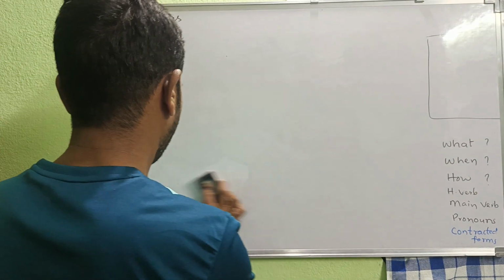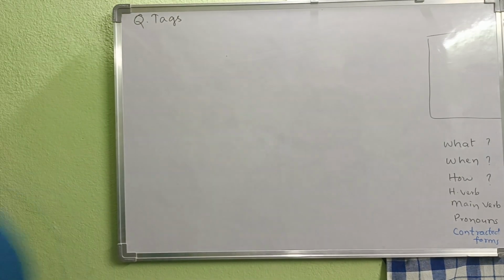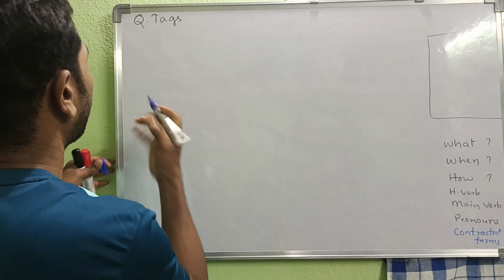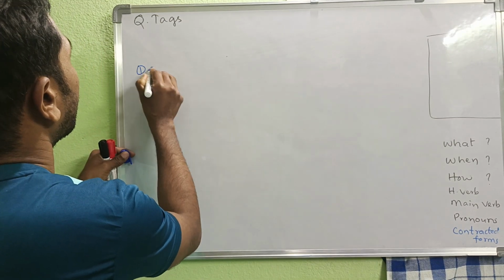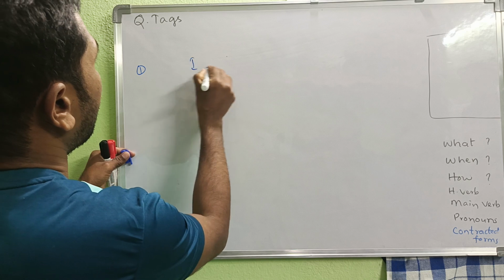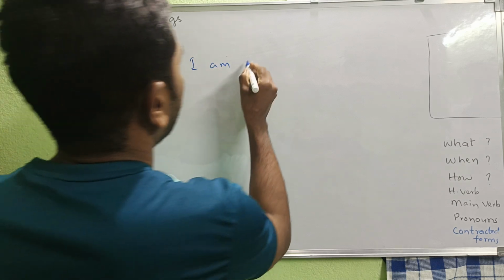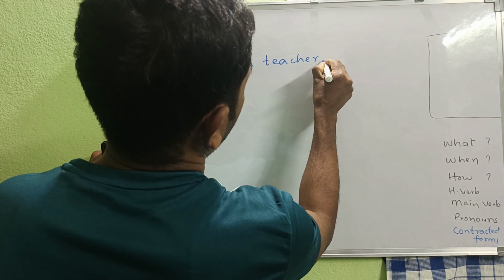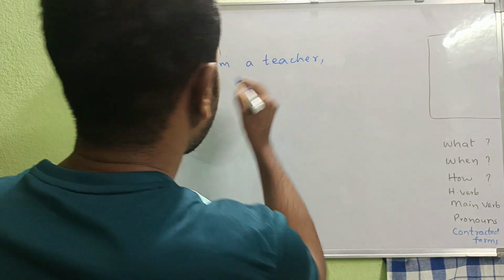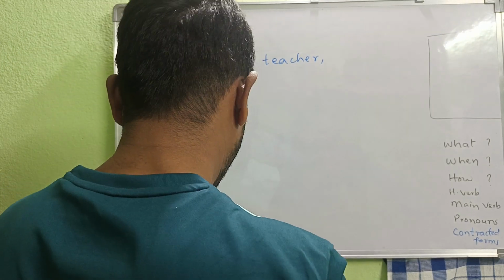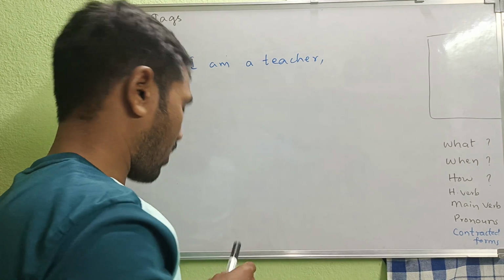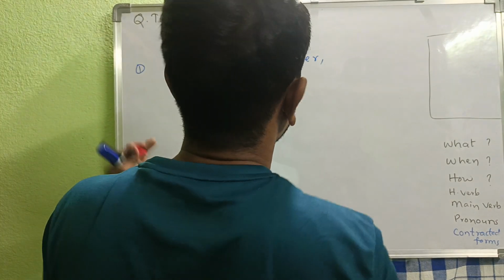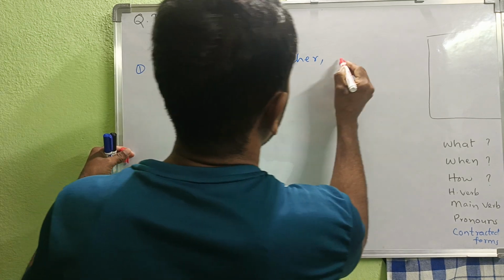Some exceptional cases we need to know. Exceptional one: I am a teacher. As I said earlier, here I need to add a question tag. If I want to add a question tag, I need to take a helping verb first.